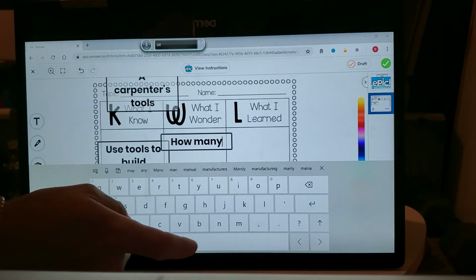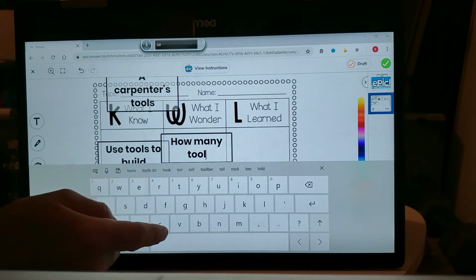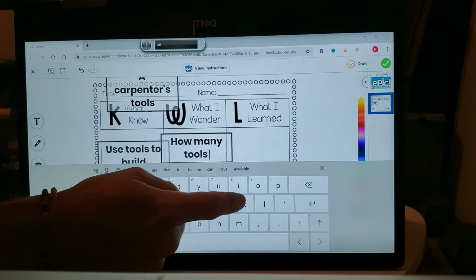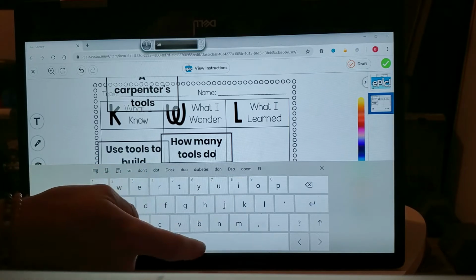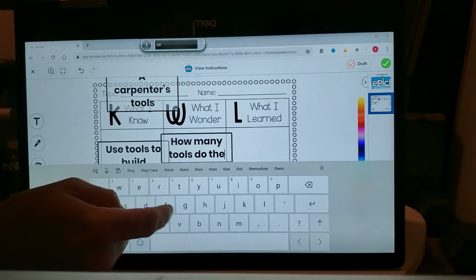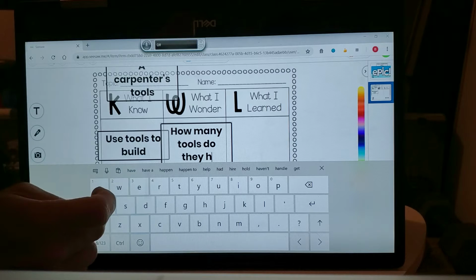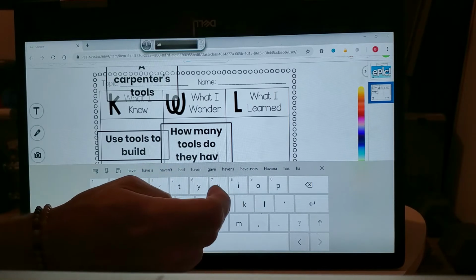How many tools do they have? It's a good wondering question, right?